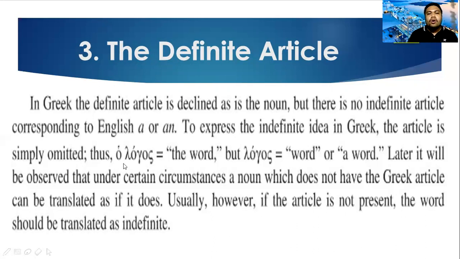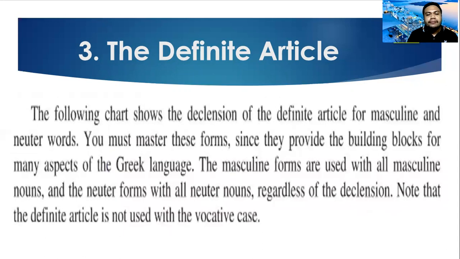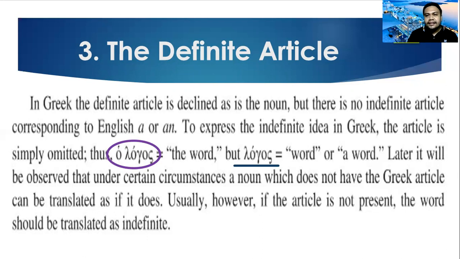Thus, ho logos means the word, but logos alone means word or a word. Later, it will be observed that under certain circumstances, a noun which does not have a Greek article can be translated as if it does. Usually, however, if the article is not present, the word should be translated as indefinite.